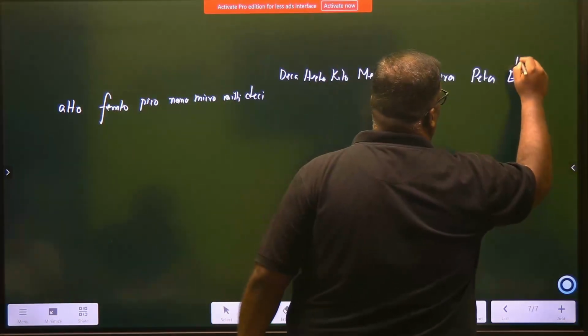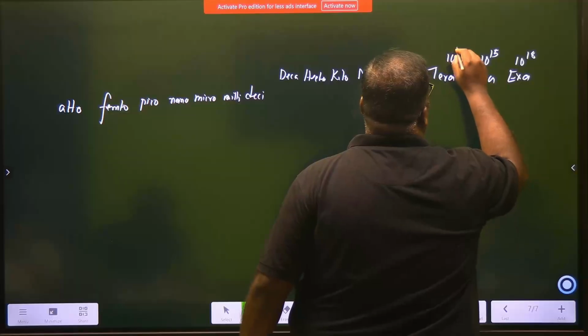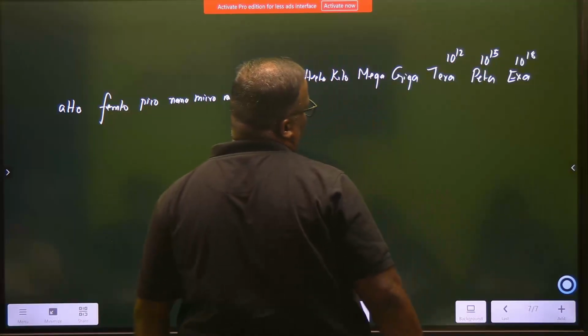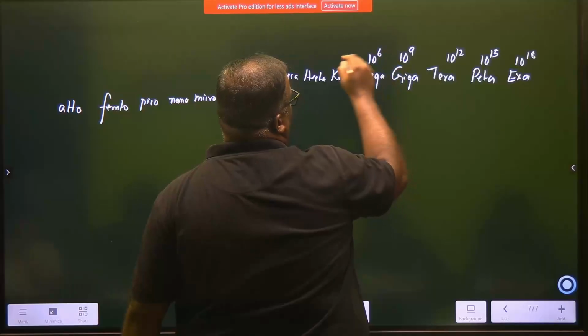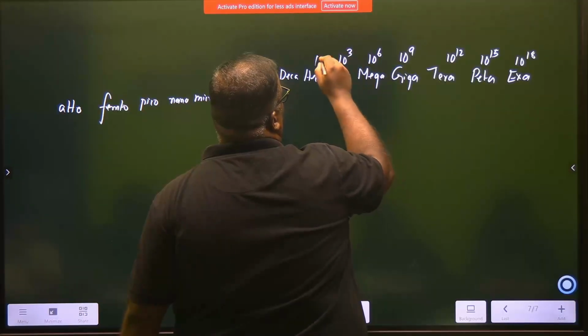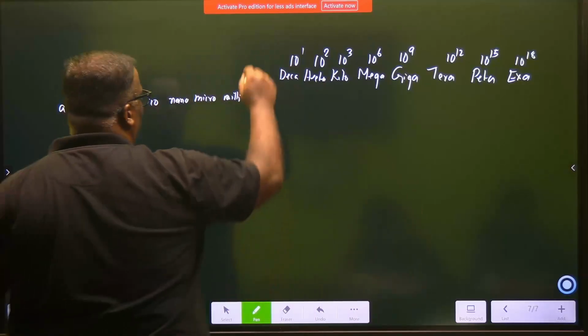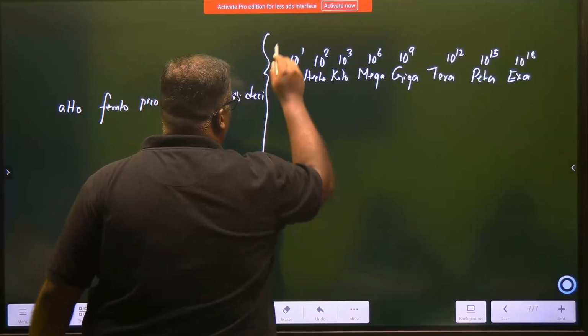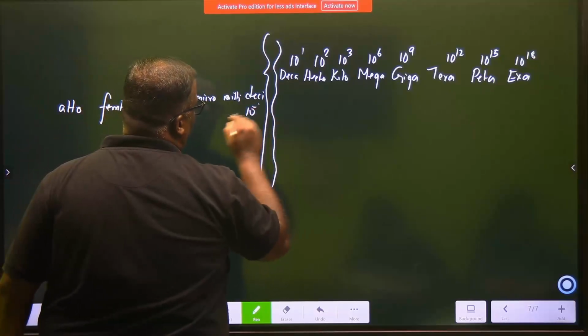This is 10 to the power 18, 10 to the power 15, 10 to the power 12. I have a hard disk which is 1 terabyte. 10 to the power 9, 10 to the power 6, 10 to the power 3, 10 to the power 2, 10 to the power 1. And here will come whatever your quantity is: meter, liter, gram. Deci is 10 to the power minus 1.